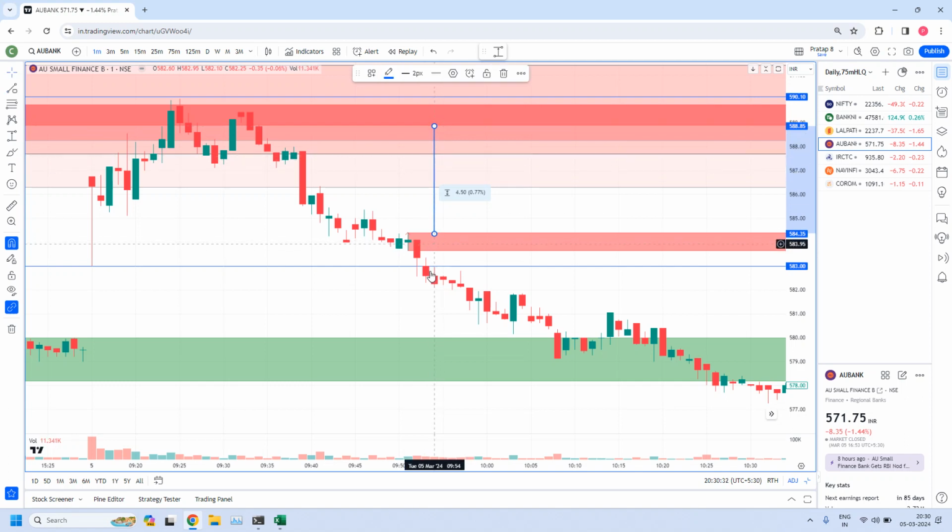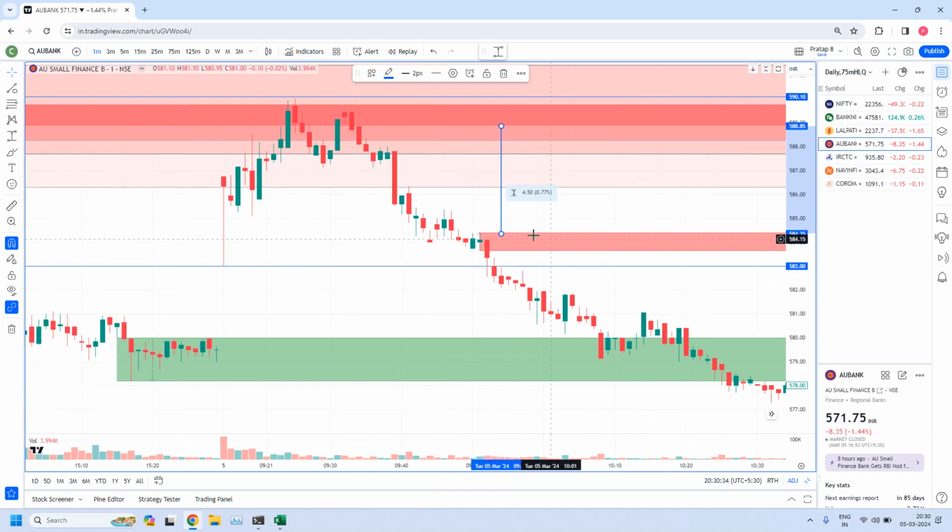In case you would have exited at this blue color pro gap area, you would have got ₹5.90 instead of 4 rupee 50 paisa. Maybe you would have got another 1 rupee 40 paisa additional profit.